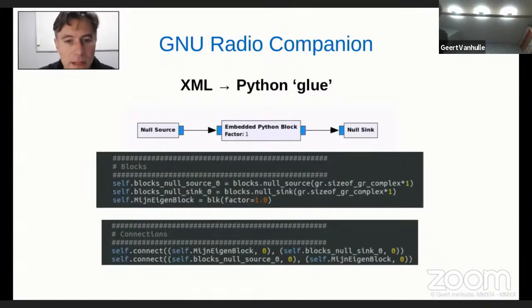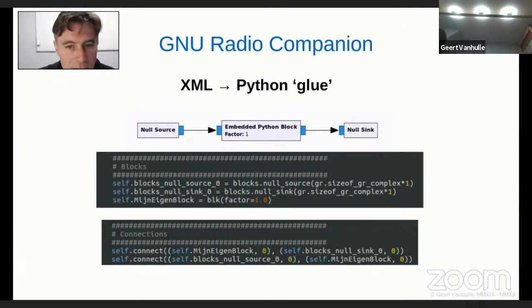And if we look at snippets of code from how this looks, we see there we have some parts in this. It's of course object-oriented. You see there self.block null source. That's the source on the left-hand side of my block, and the samples are going through my block to a null sink. These are sources and sinks that do nothing, just as an example here.